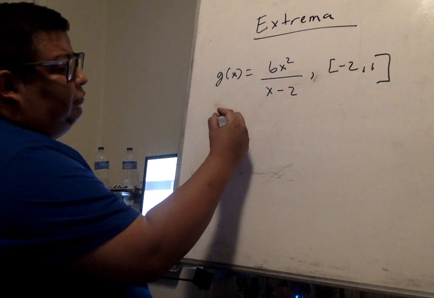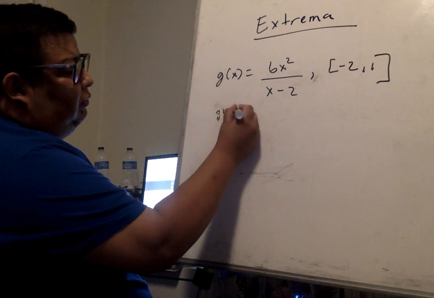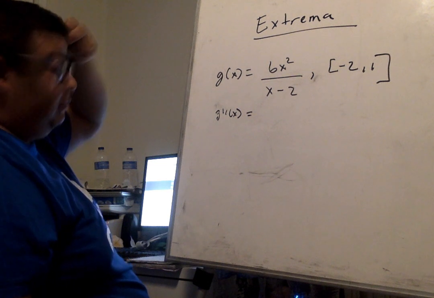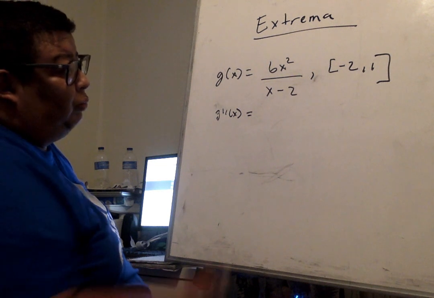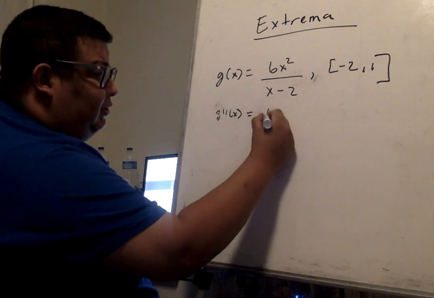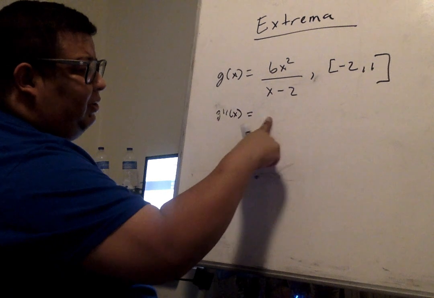So first things first, we need to find the derivative, g prime of x. Doing the quotient rule, I already did this derivative for you. So let's set it up.